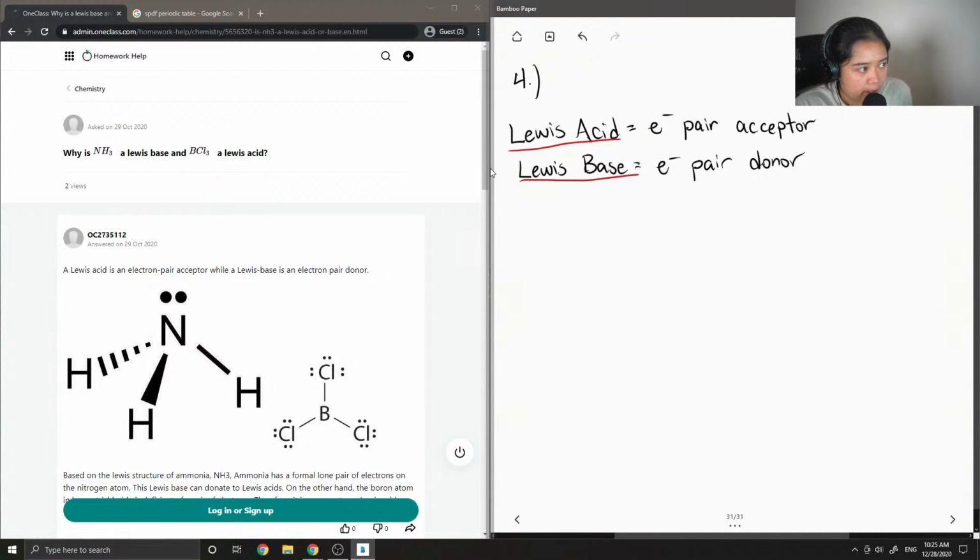Okay, so first let's look at NH3. It is a nitrogen that is bonded to 3 hydrogens and contains a lone pair. So this lone pair can donate electrons. Therefore, this is a Lewis acid.